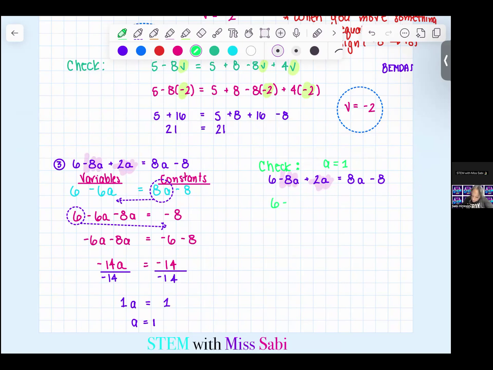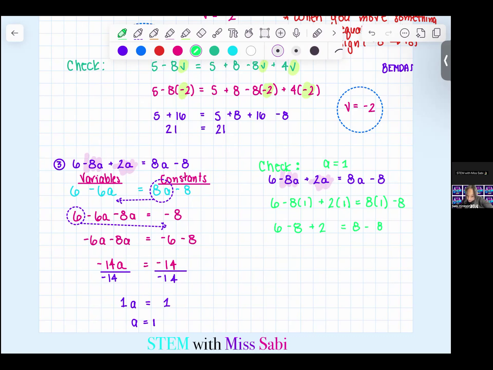So 6 minus 8, and instead of a, I'm going to put 1. Plus 2, instead of a, I'm going to put 1. Over here, 8, instead of a, I'm going to put 1, minus 8.